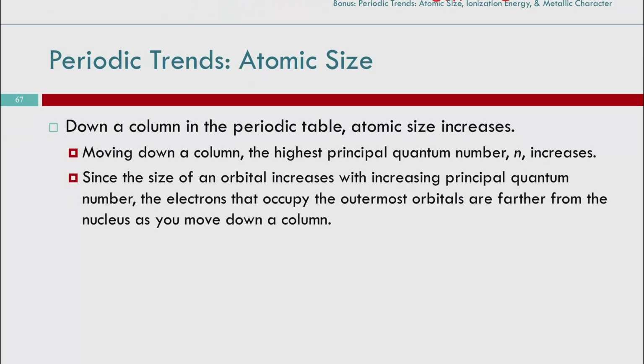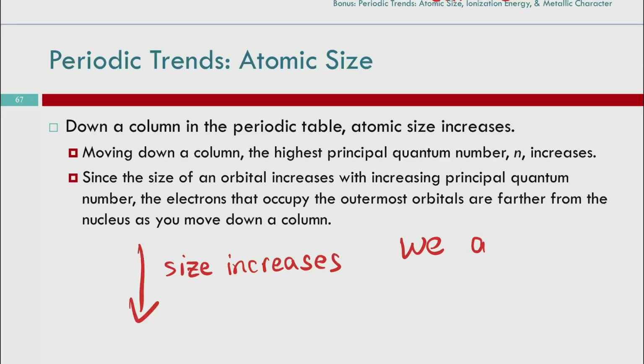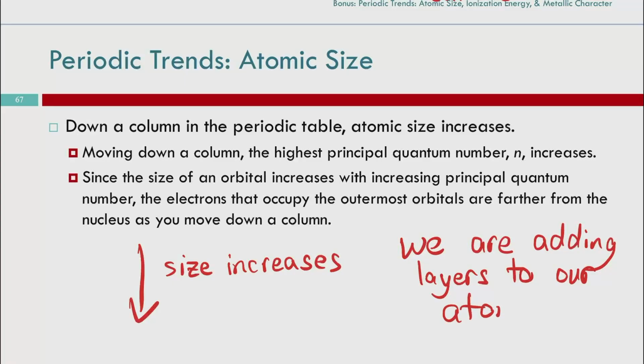And for the top to bottom, when we're moving down the periodic table, down a column, size increases. We are adding layers to our atom. So let's think about hydrogen. Hydrogen's going to have just the one s. We'll go ahead and draw in one electron.